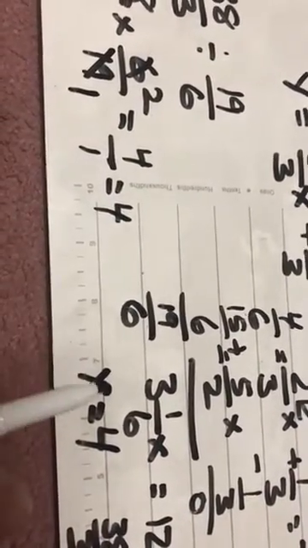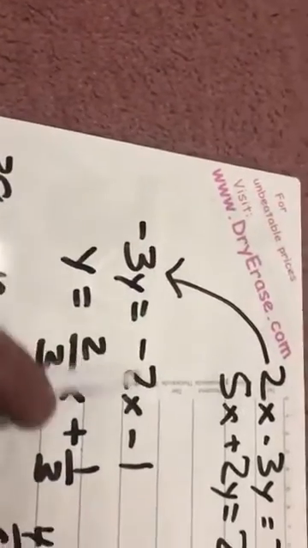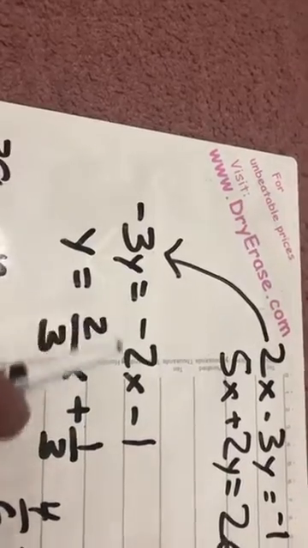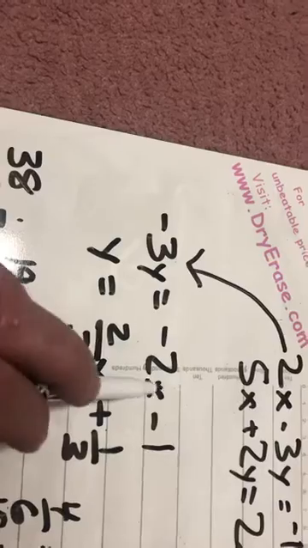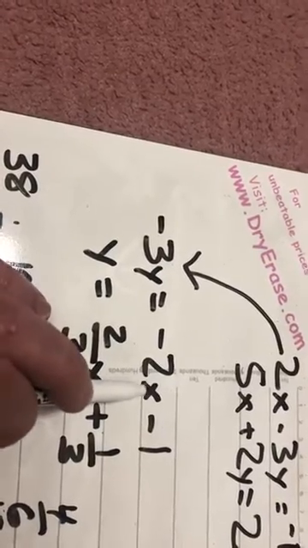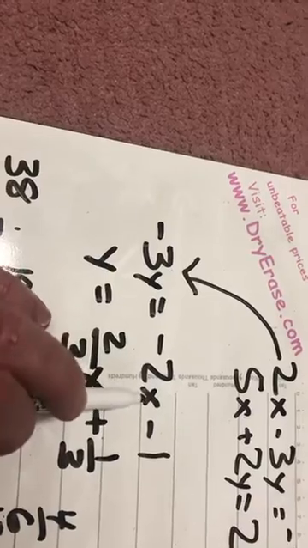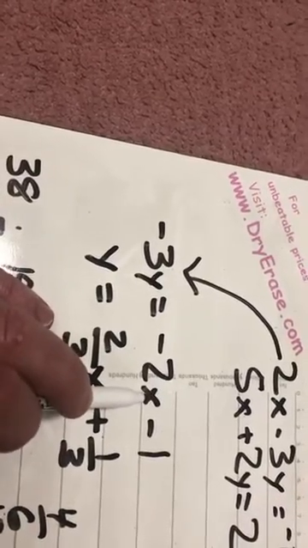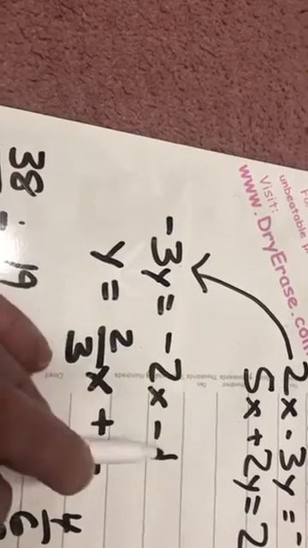So I'm going to bring my x equals 4 into one of these equations. I'm going to plug in x equals 4 right here. Negative 2 times 4 is negative 8. Negative 8 minus 1 is negative 9.